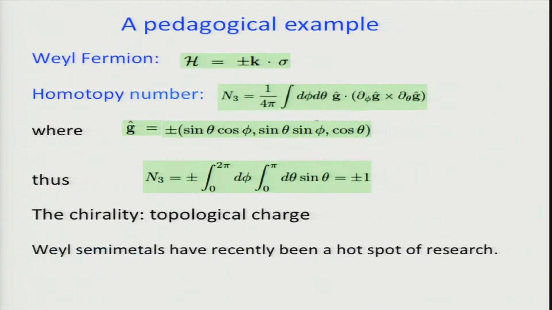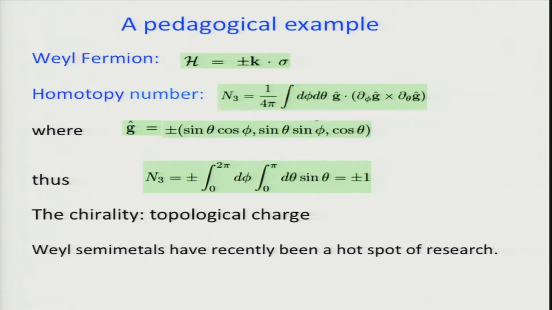Initially, when I delivered this kind of talk 3 or 5 years ago, I used the Weyl point. At that time, it had not been discovered in condensed matter as a periodic example. This is the winding formula. For example, you may have a positive harmonic or negative. Then it's easy to calculate the homotopy number.